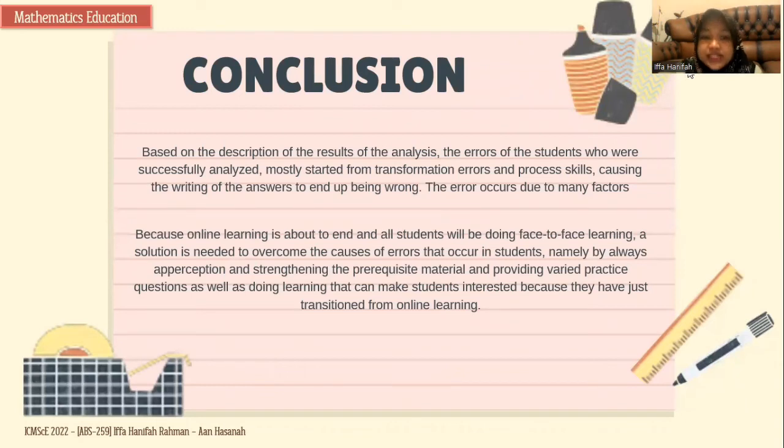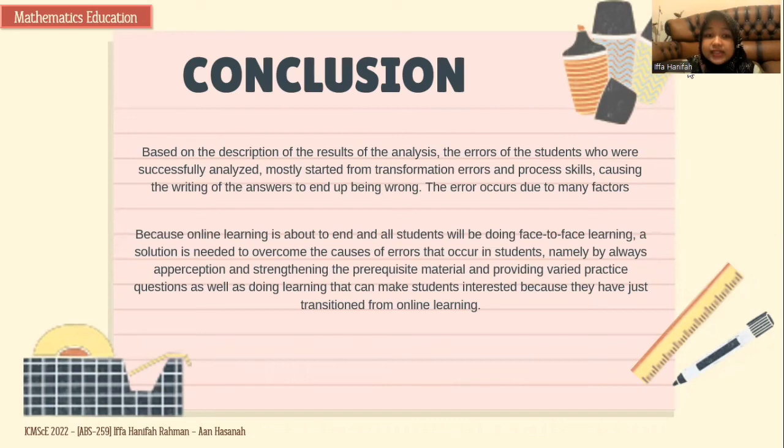Based on the description of the results of the analysis, the errors of the students that were successfully analyzed mostly started from transformation errors and process skill errors, causing the final answer to end up being wrong. The errors occurred due to many factors.